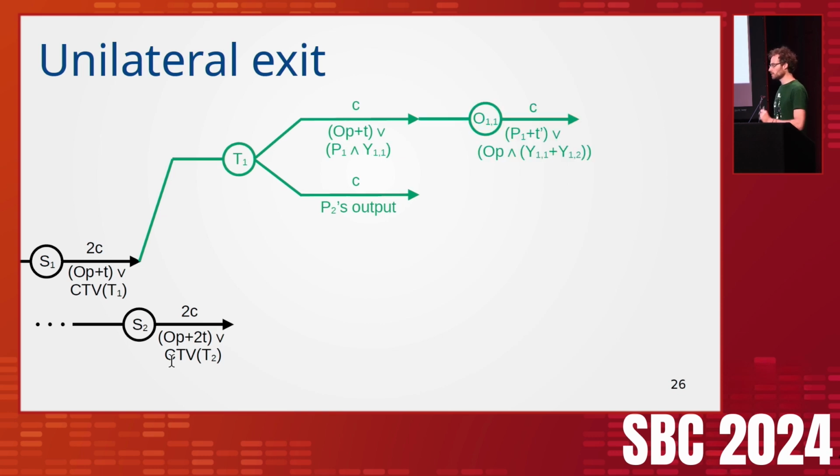And that's what he does when he publishes the so-called out transaction, O1,1. This transaction allows P1 to spend his own money, but after a time lock T prime. The party that now can spend the money before the time lock is the operator. But the operator needs two witnesses, not just one.